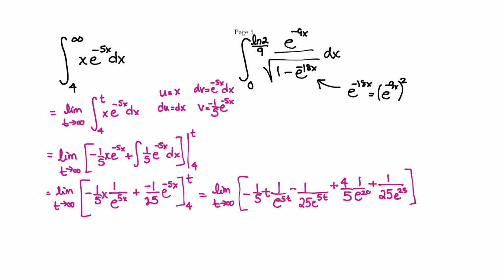You substitute in t, and it gives us negative 1/5 t times 1 over e to the 5t, or e to the negative 5t, minus 1 over 25 e to the negative 5t, or e to the 5t on the bottom, plus 4/5 times 1 over e to the 20, plus 1 over 25 e to the 25. I'm going to stop right there and see if there are any questions.